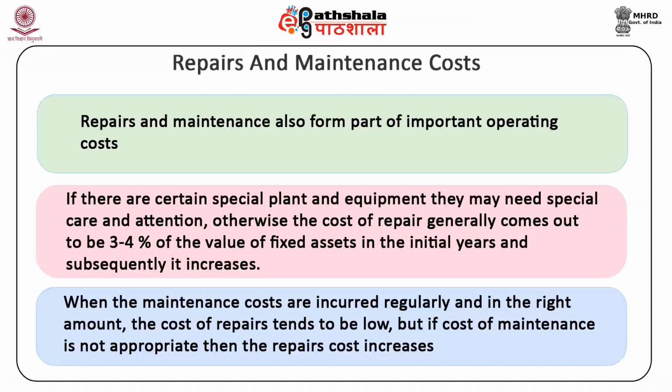When the maintenance costs are incurred regularly and in the right amount, the cost of repairs tend to be low, but if cost of maintenance is not appropriate, then the repair cost increases. Timely replacement of machines and other fixed assets also lower the repairs and maintenance cost.